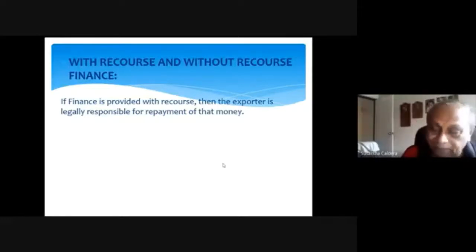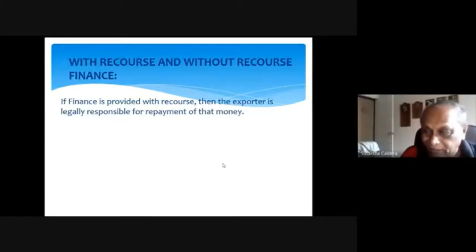Without recourse, the exporter is not legally bound. If a bank is negotiating the bills, that means they give value to the exporter.